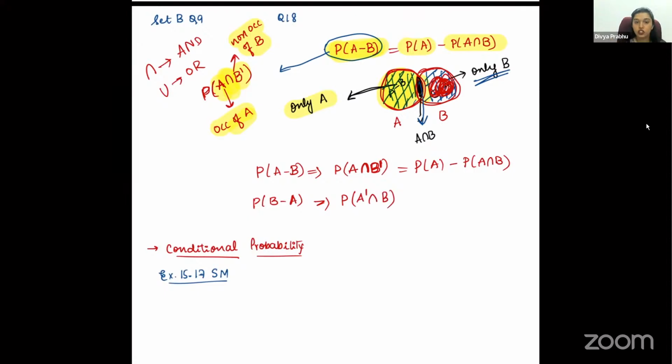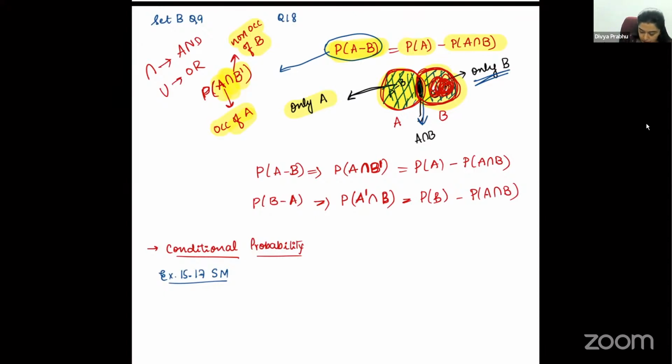Occurrence of B, non-occurrence of A. Okay, the formula will be, I take full B first, and then remove the intersection region. So it is P of B minus P of A intersection B. Simple. Using logic, you understood how this is calculated.